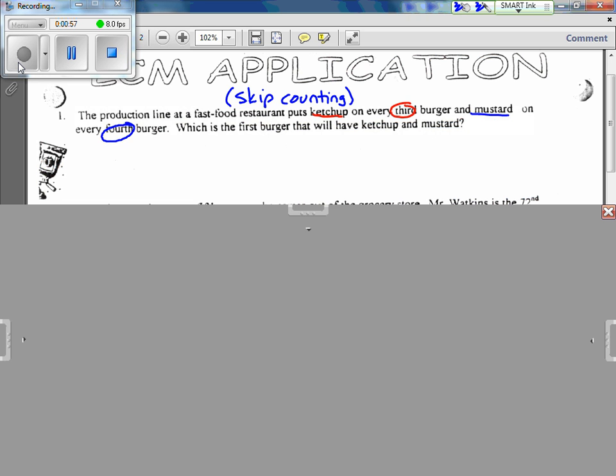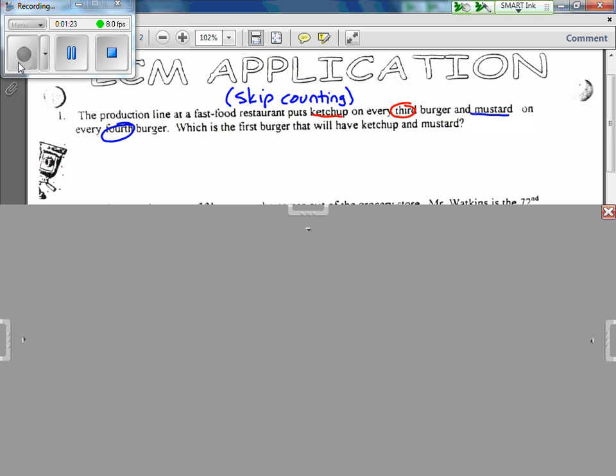The key word for LCM in here, there really isn't one, but there's a situation you'll see over and over again: when they're looking at two things or three things happening, and then you're looking for the first time that they have something in common.